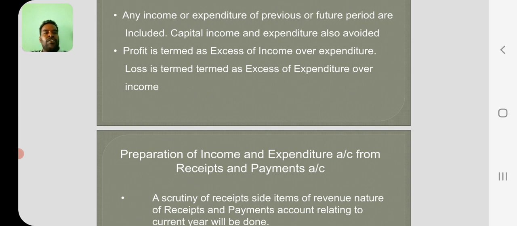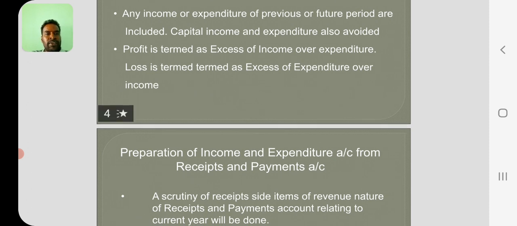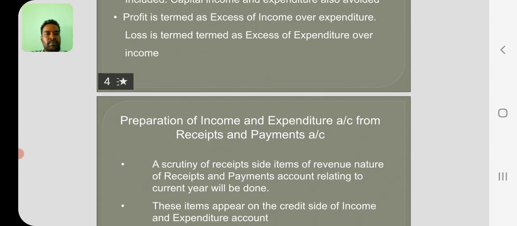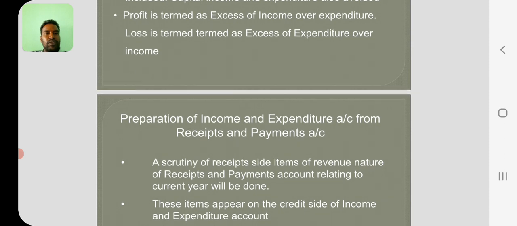Income and expenditure of previous or future period are not included. Capital income and expenditure are also avoided. Profit is termed as excess of income over expenditure. The word profit is used in profit and loss account.